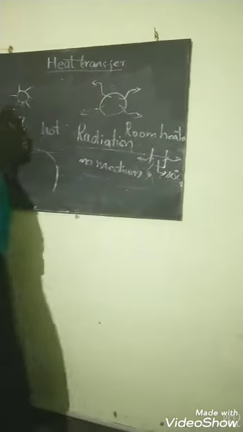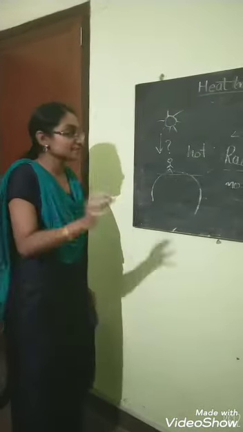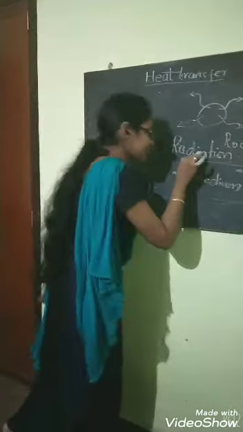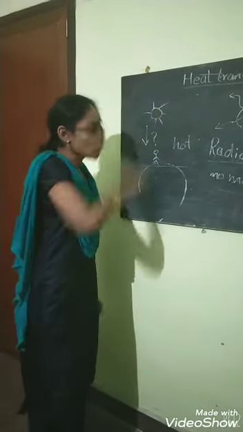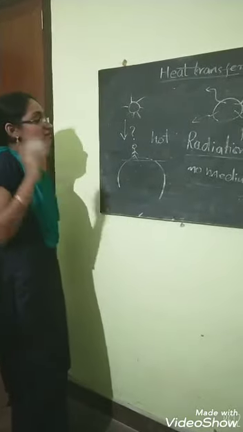So we conclude that every body having a certain temperature is emitting radiations continuously, and the process of radiation needs no medium for the transfer of heat. This is the thing we are focusing on here. I think it's clear for you.